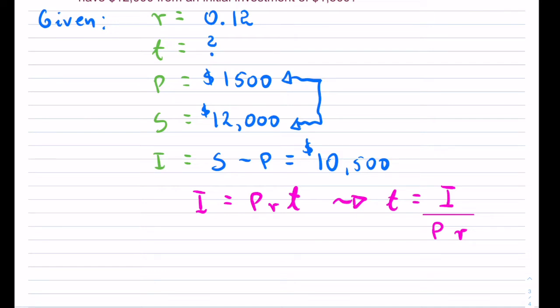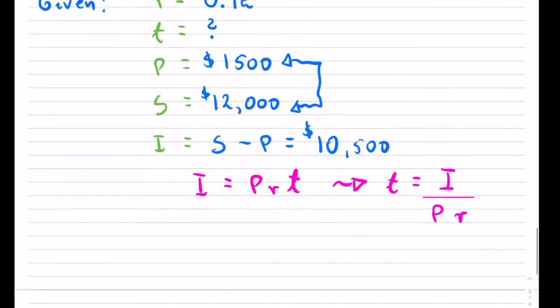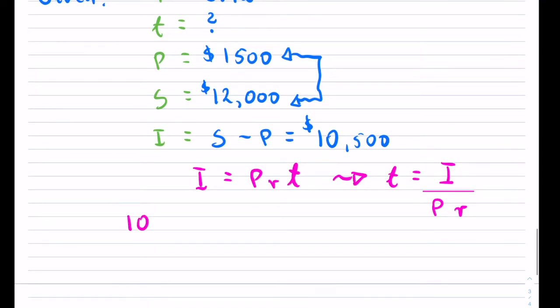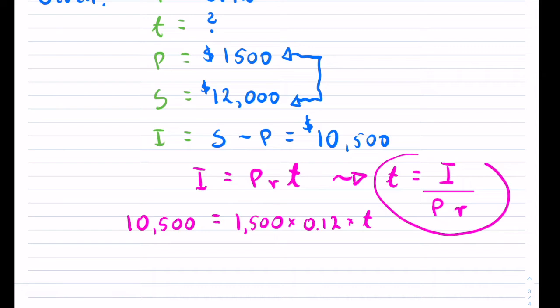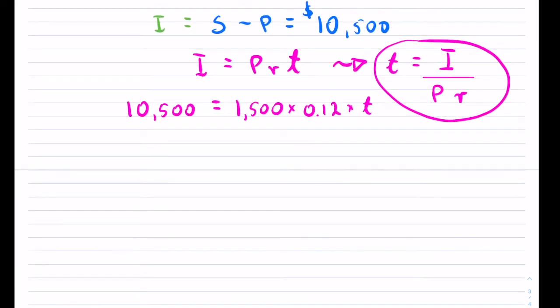So you substitute 10,500, that's your I. Your P, your present value, is 1,500. Your R is 12%. And the only thing you do not know is T. You can substitute it in there as well, and that will give you exactly what the answer is.